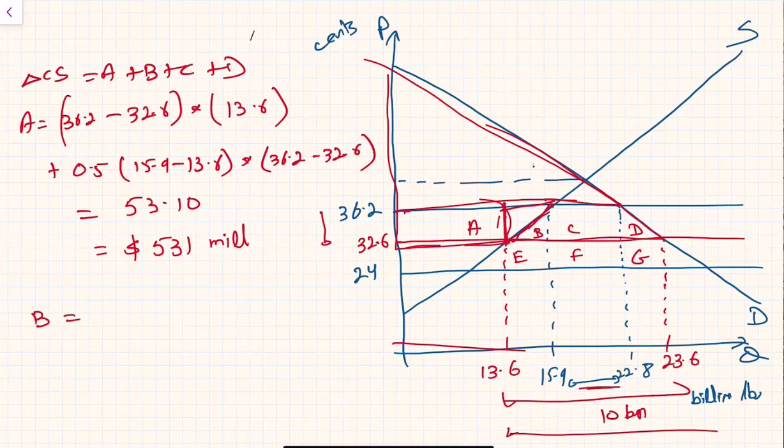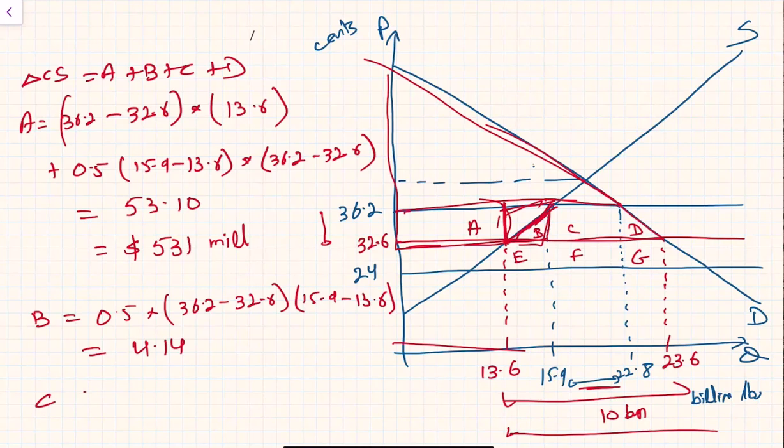Similarly, we can look at area B, which is the small triangle. It's given by 0.5 times base, 36.2 minus 32.6 times our height, which is 15.9 minus 13.6. And this equals 4.14. Sorry, $1 million.